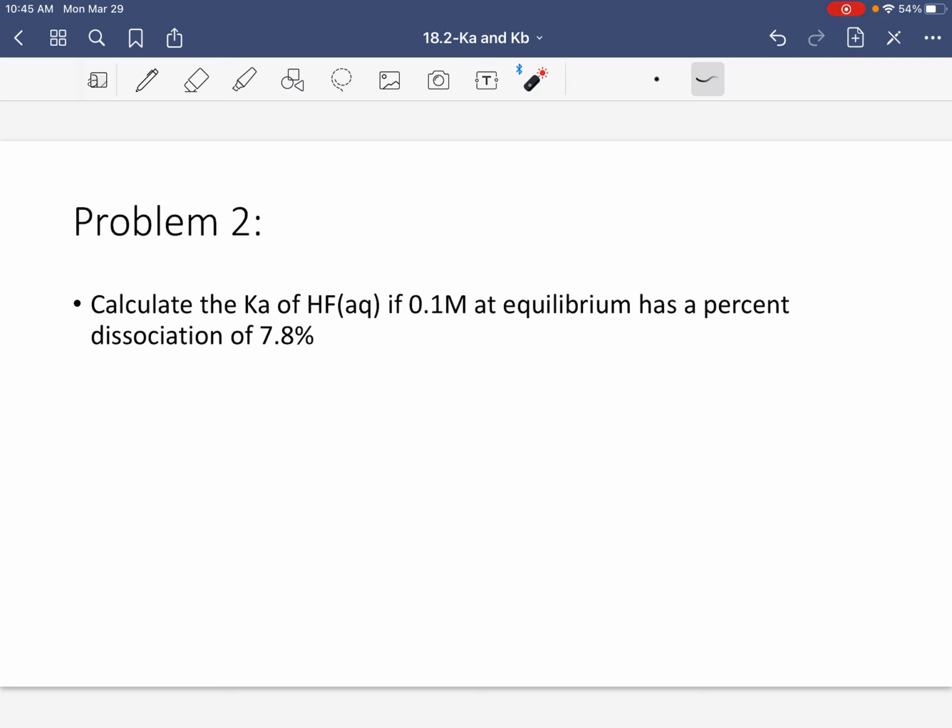All right, let's do this question. HF is a weak acid. Hydrofluoric acid is a weak acid. It actually reacts with water to give you H3O plus and F minus. So it deserves a nice table. It certainly does, because we are starting with 0.1 of these.